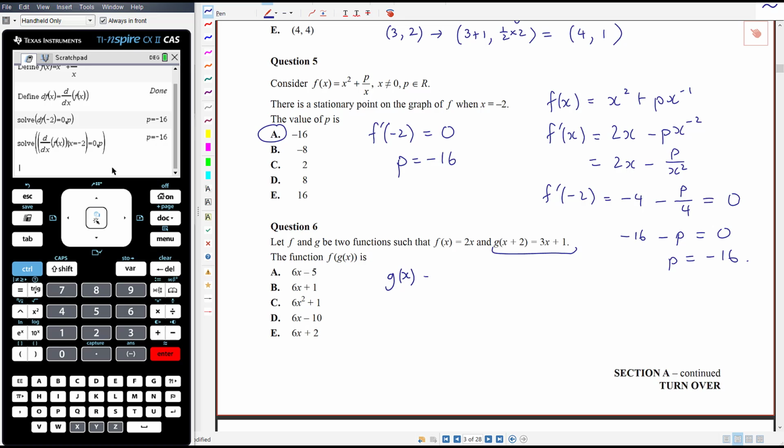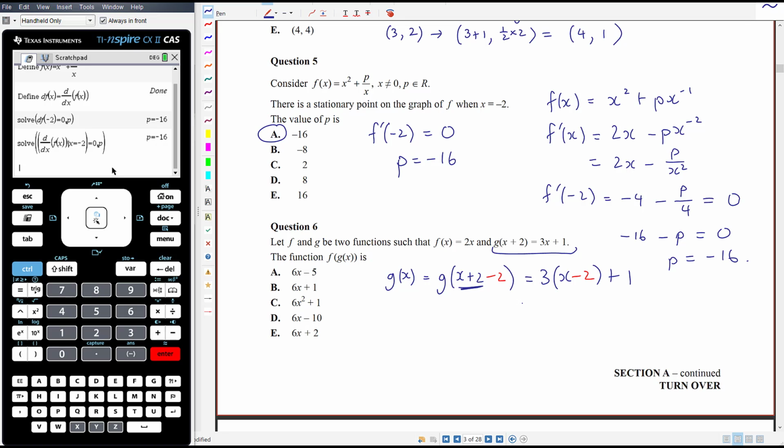So g of x is going to be if we take g of x plus 2 and take away 2 in there. Okay, which means all we're doing is taking the existing function and subtracting 2 just from the x values. So all we're going to do is have 3 times x take away 2 plus 1.